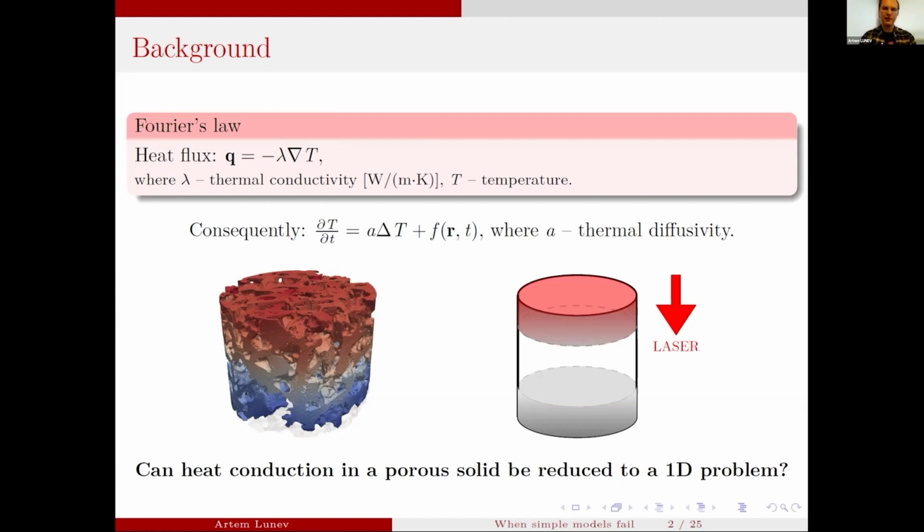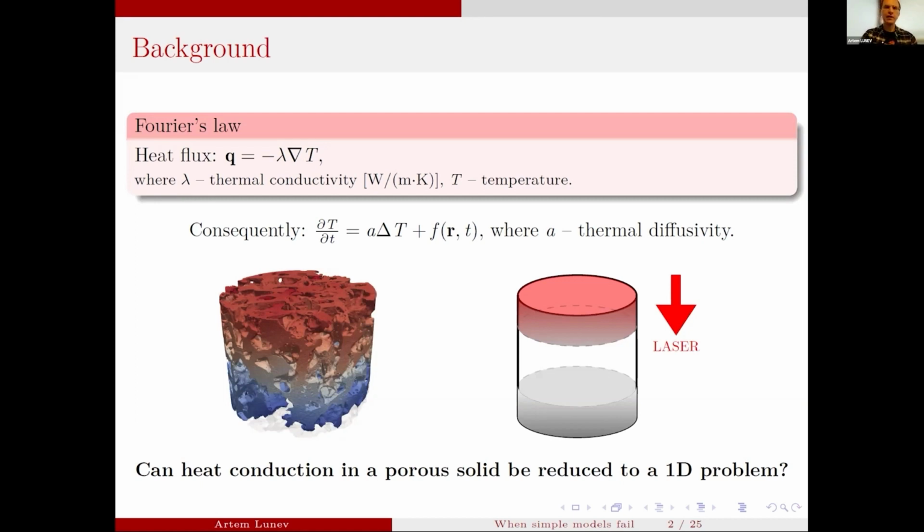So basically you have the sample for the laser flash analysis, which usually comes in simple shapes like cylinders. And obviously when you deal with porous samples, they have very complex microgeometry, which is formed by the interconnected pores and the matrix.